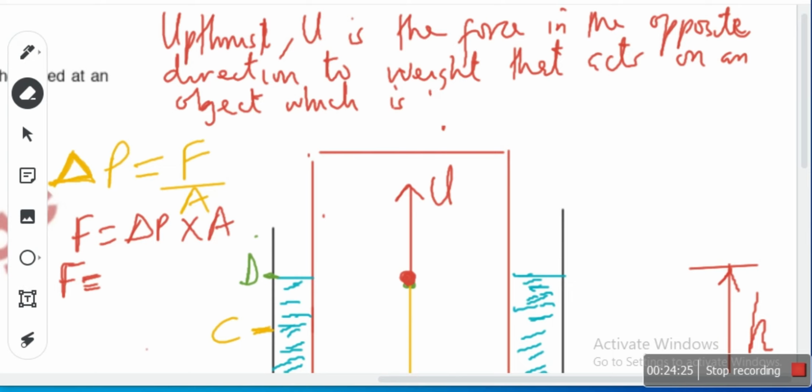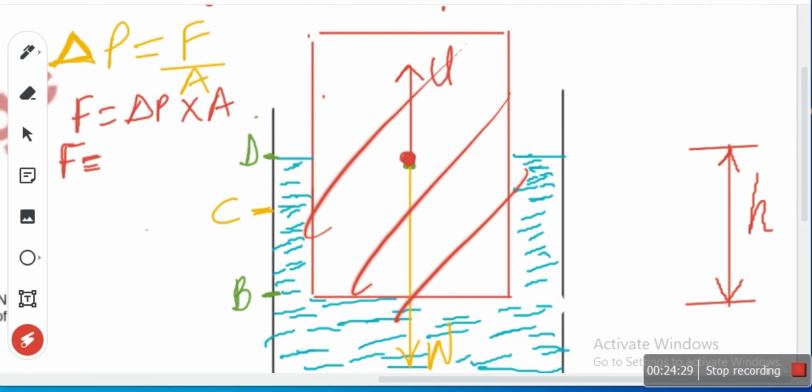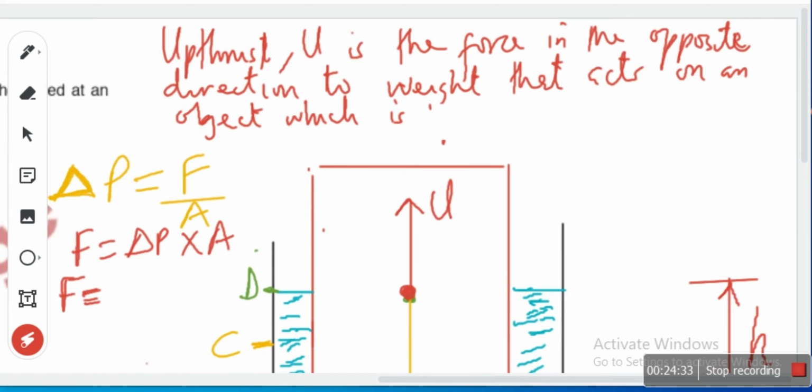Partially means, is this one completely immersed in this fluid? This object I drew in red, is it completely immersed? No, it's partially immersed. Whether it is partially or totally, anytime an object is inside a fluid, an upthrust acts on it.